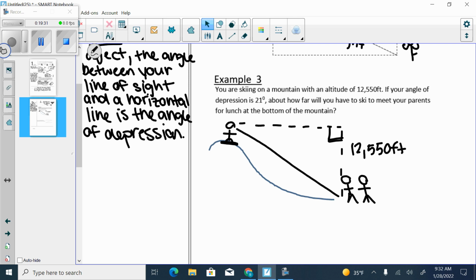Okay. It says your angle of depression is 21 degrees. So remember, your angle of depression is between your line of sight and the horizontal line, which would be right in here. Okay. And they want to know how far you're going to have to ski to meet your parents. So which line would that be? Very good.